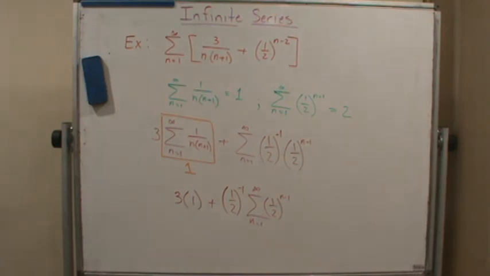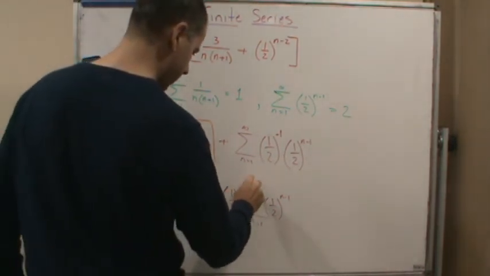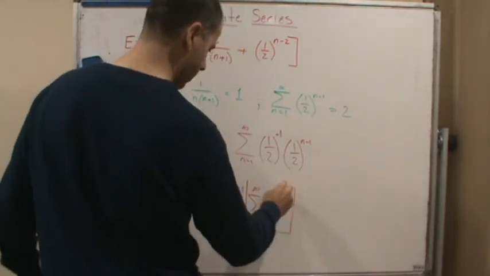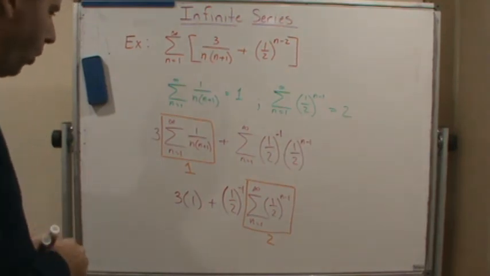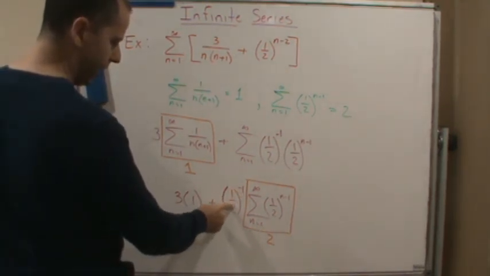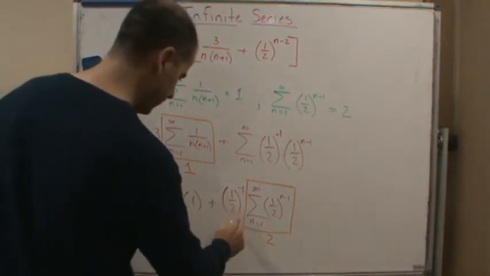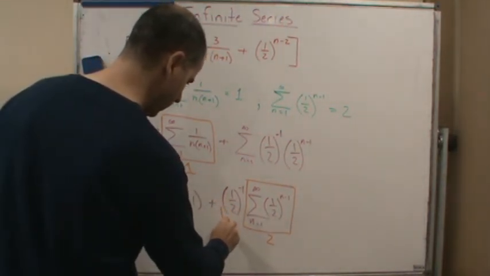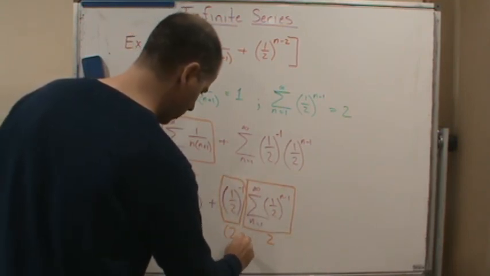So now this series here, we know, converges to 2. Oh, and by the way, what's 1/2 to the negative 1 power? That's the same as 2, right? So this becomes 2.